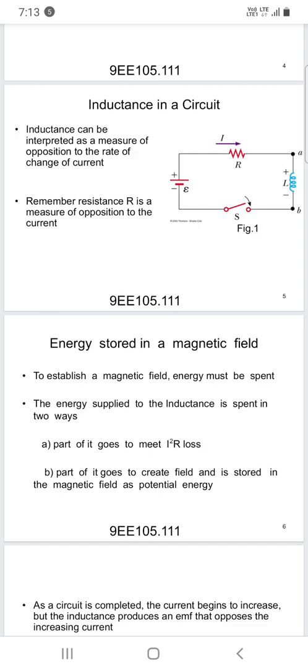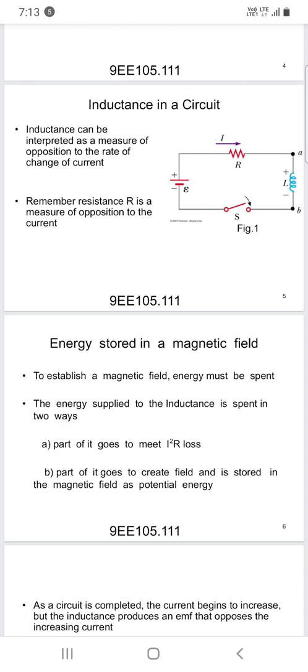Now, the property of an inductance is to oppose the flow of electric current. So what is resistance?